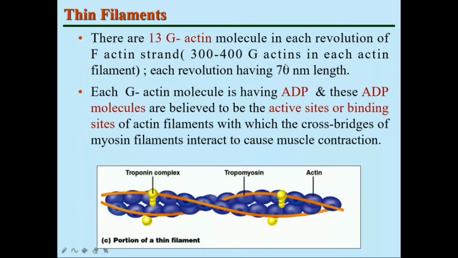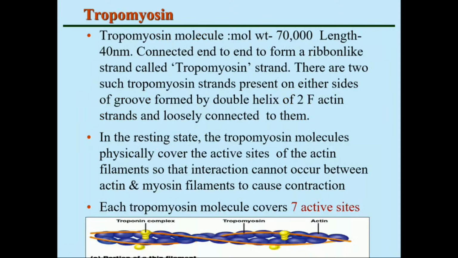Now you can see here the dark portion in each spherical G-actin is its active site. You can see these dark portions, and these active sites in the resting state are covered by these tropomyosin strands. Because the tropomyosin is covering the active sites of actin filament, the myosin heads cannot bind with the active sites of actin filament.